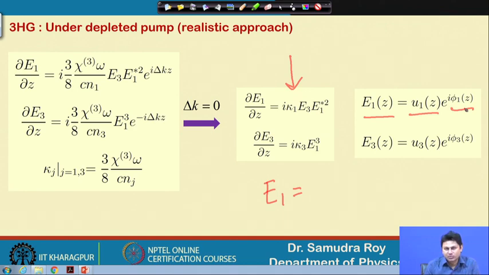So, exactly that we are doing here. We write one amplitude part and another phase part for both the cases. Now, here U1 and phi 1 both are real, because we divide these into real and imaginary parts. So, U1 and phi 1 have to be real. In a similar way, U3 and phi 3 are real, corresponding to the field E3. We divide the total field into amplitude and phase part, and that is our form.